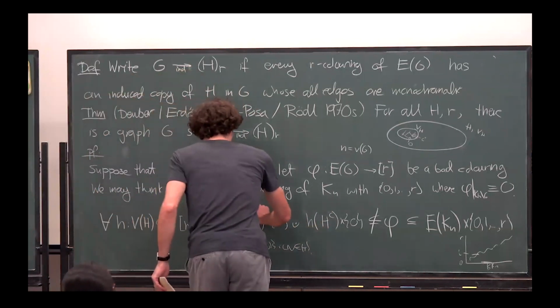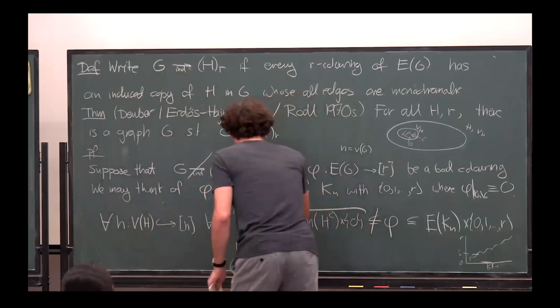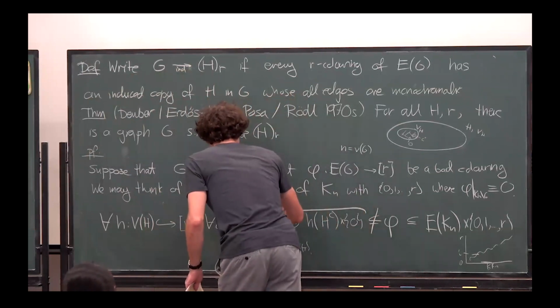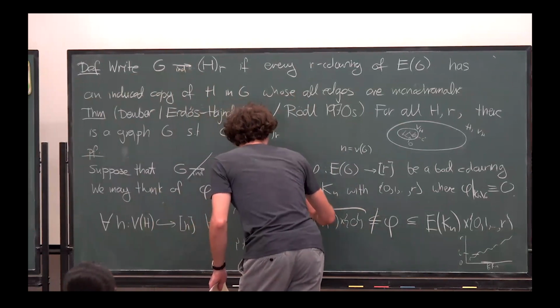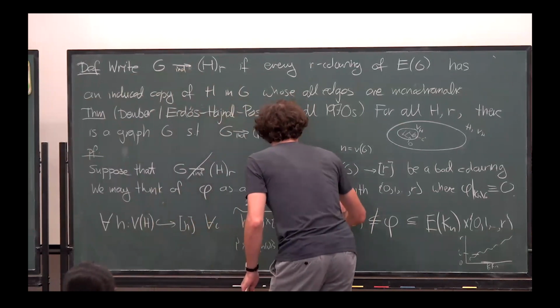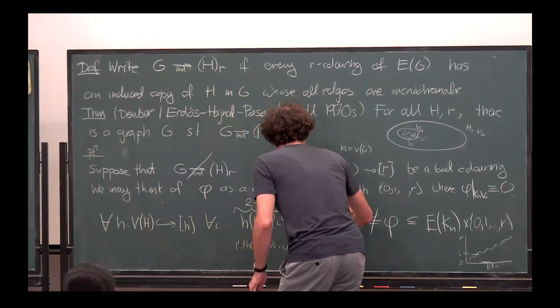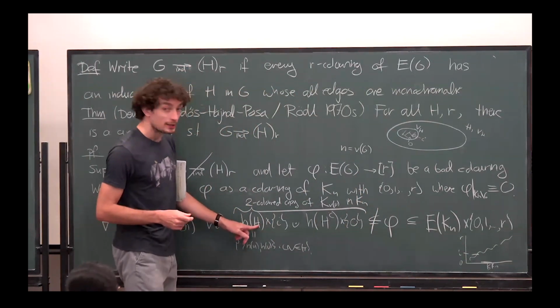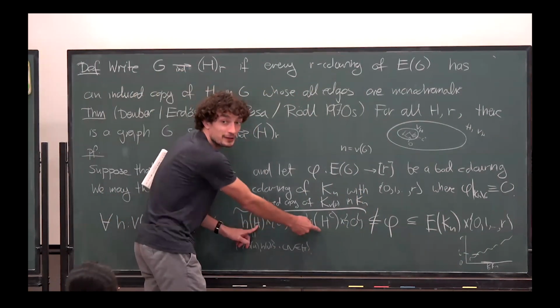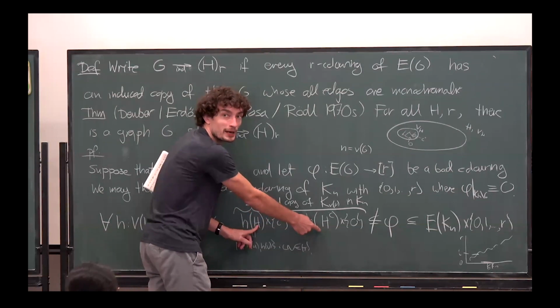So here, this is a two-colored copy of the complete graph on V(H) vertices in Kn. If this has E(H) edges, then this has V(H) choose 2 minus E(H) edges.